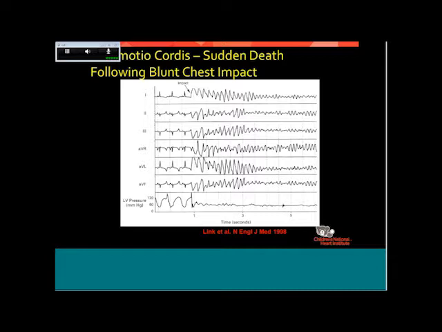Commotio cordis, going to the next topic. This is not inherited, but this is one of the more common causes of sudden cardiac death during sports, and it's due usually following a blunt chest impact. Hockey puck or baseball to the chest or something like that, and then they're usually fine.